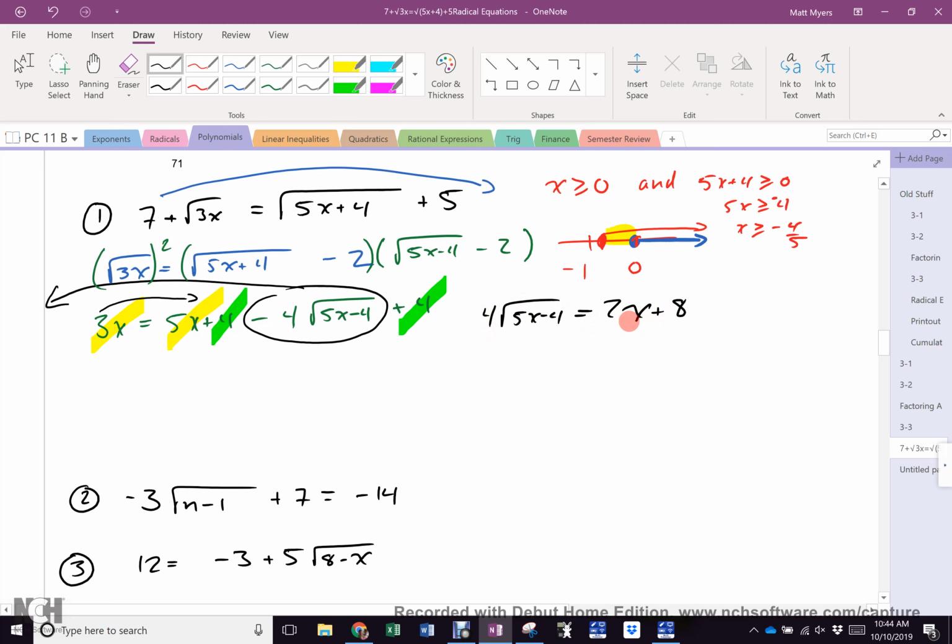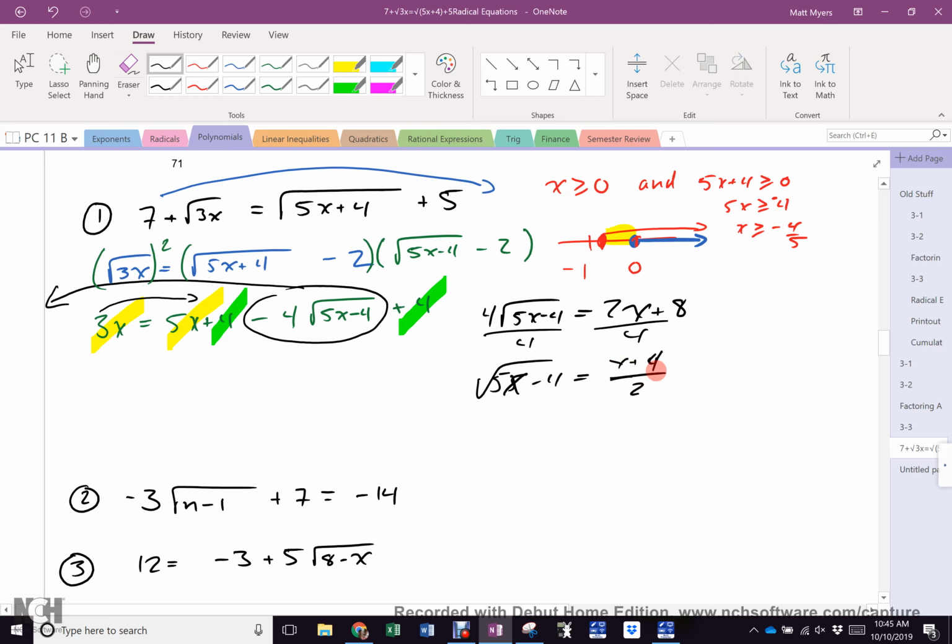You could, which would give you 1/2 x plus 2, right? You could get rid of this 4 now, which would give you root 5x minus 4 equals 1/2 x plus 2, which is, of course, x plus 2 over 2, right? So 1/2 x plus 2, which is actually, I lie, it's x plus 4 over 2.